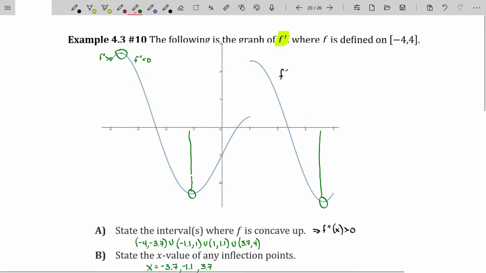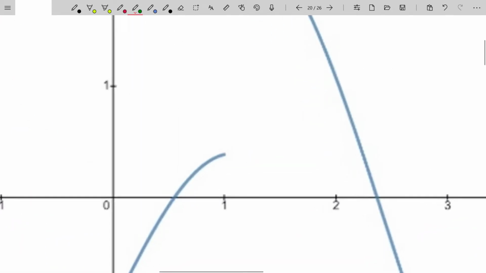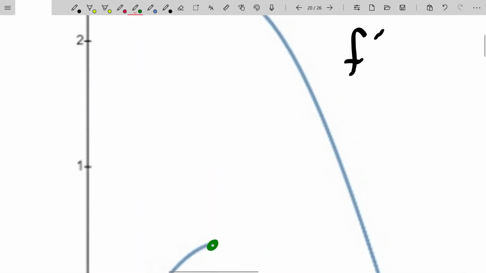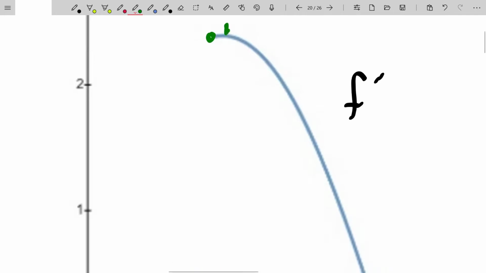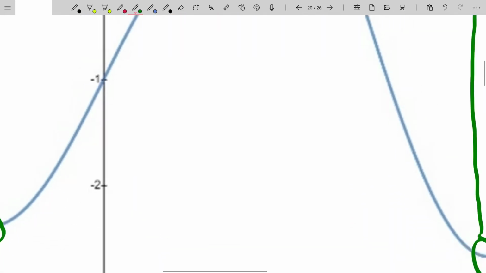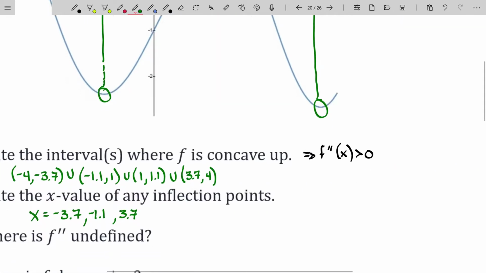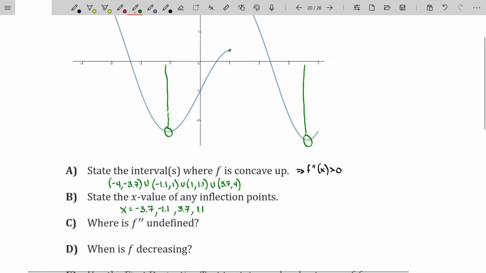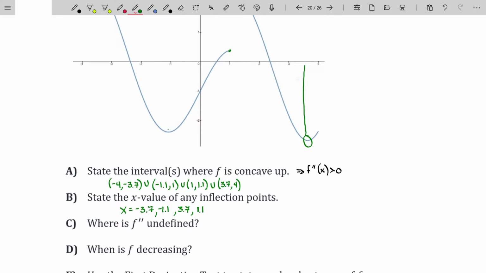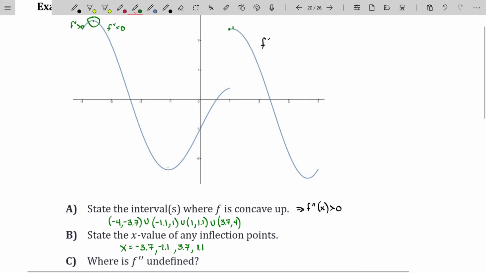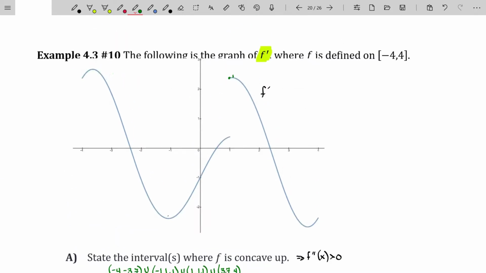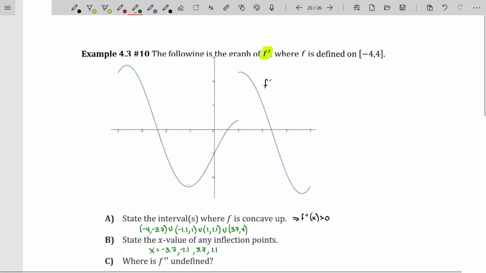It does not switch signs at 1, but does a little bit later at 1.1. So I'm going to write that slightly out of order, but I'll put 1.1 right there. All right. So there we go. That's where our slopes change, or in other words, our second derivative changes signs.